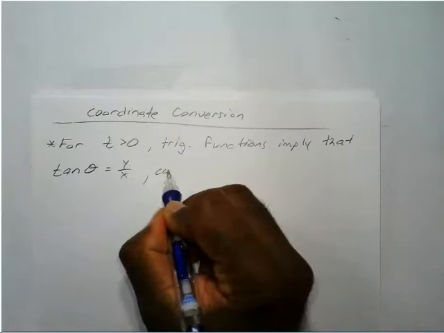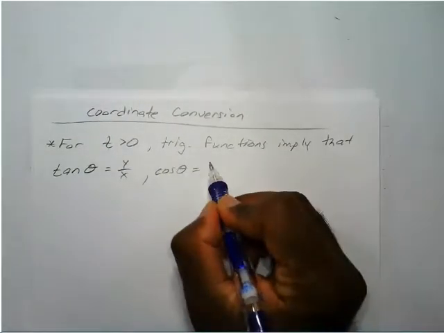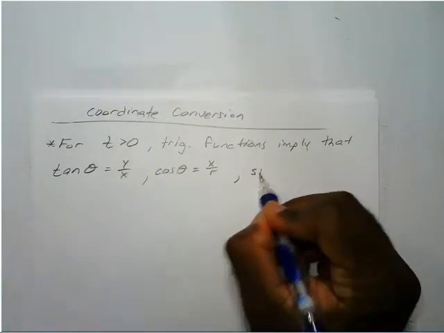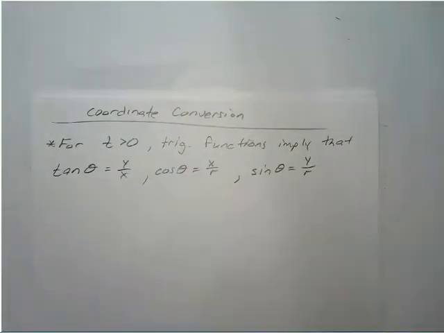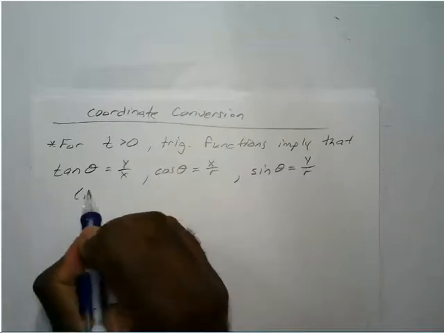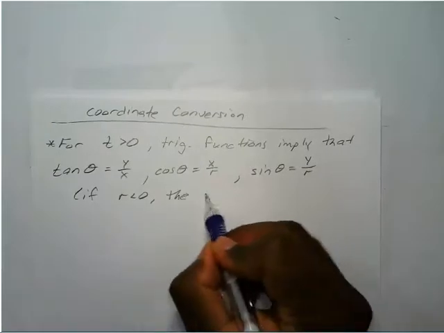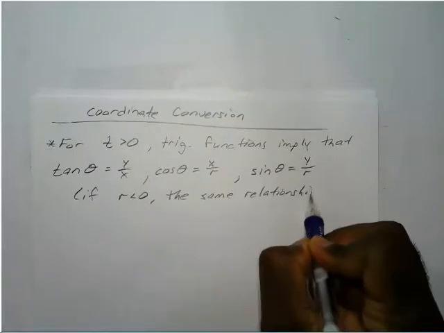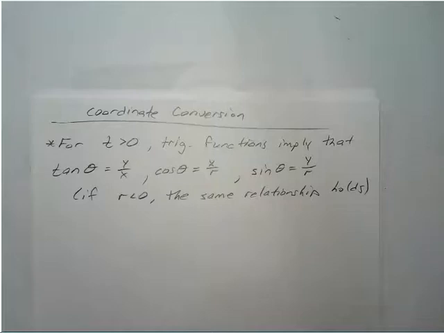Now cosine of theta. Remember, x is your cosine of theta, but if you have a radius bigger than 1, it is x over r. And sine of theta is equal to y, or if your radius is not 1, y over the radius. Okay. Now, if r is less than 0 or negative, you have the same relationship.